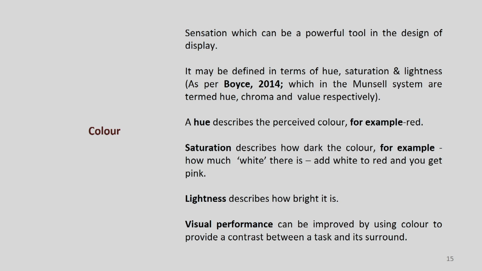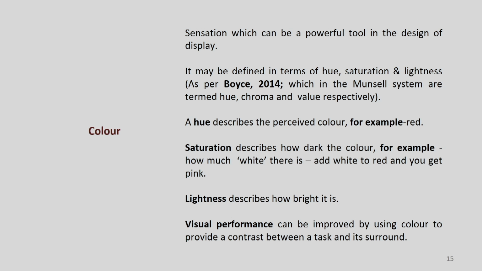Without discussion about color, we may not complete the understanding of visual performance. So, what is it? A sensation which can be a powerful tool in the design of any particular display, we take it as color. It may be defined in terms of hue, saturation and lightness.